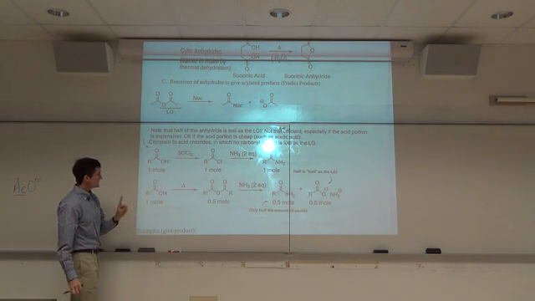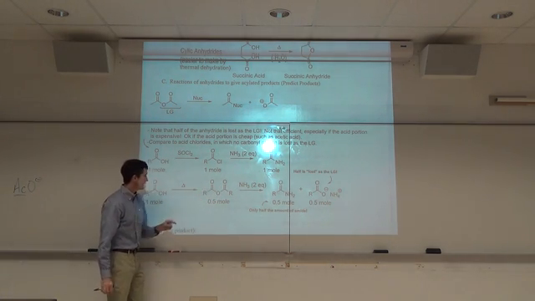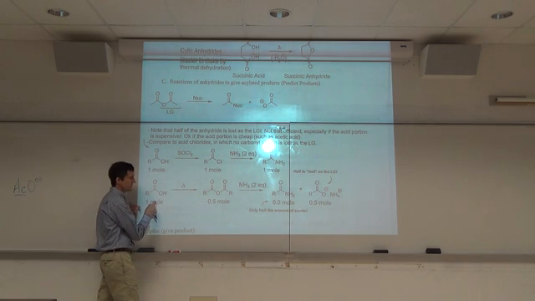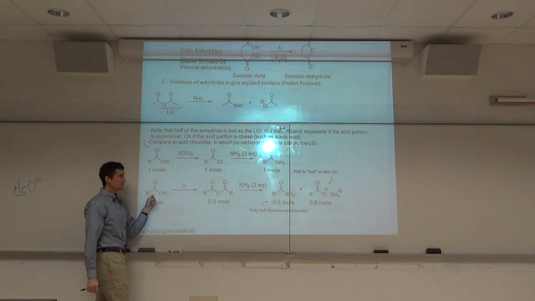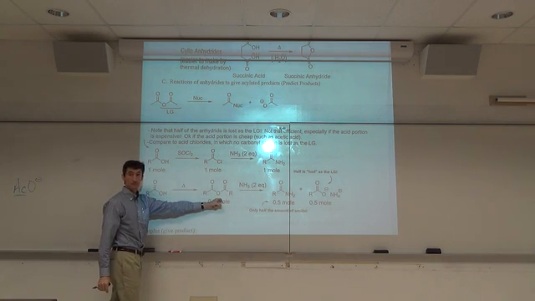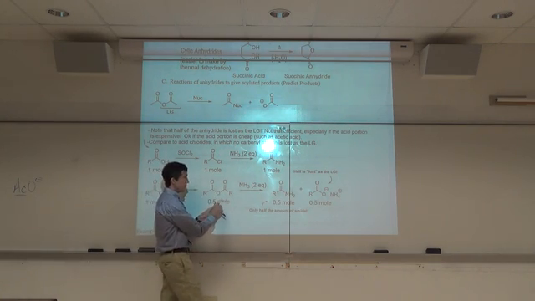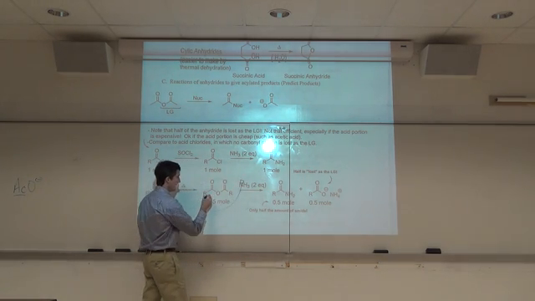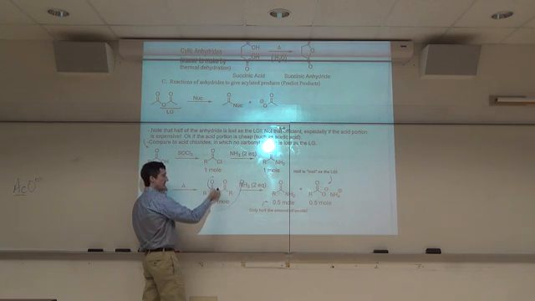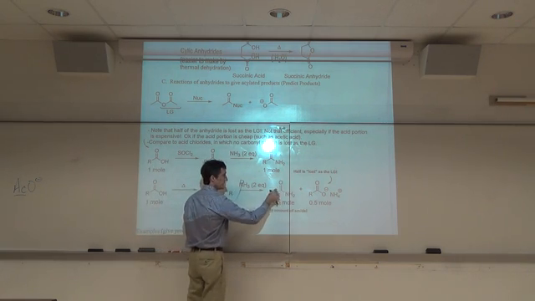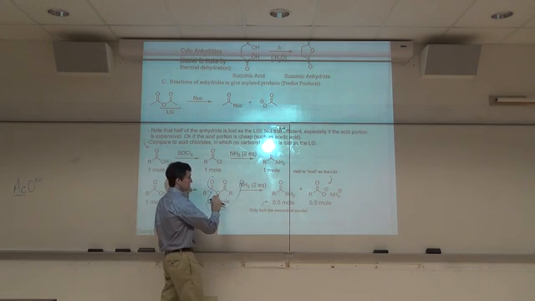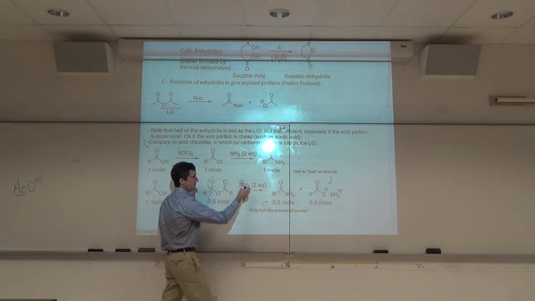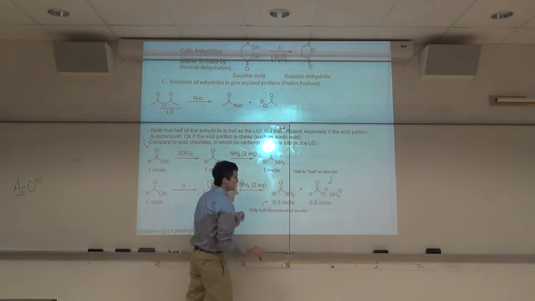But let's look at if we made the anhydride. 1 mole of this would give how many moles of the anhydride? Only a half, because it takes 2 of these to make 1 of these. Now when you react this half a mole with the ammonia, which by the way, this will attack, electrons up, back down, kick that off, you'll have the nitrogen there, and then the other ammonia will take the H, and you'll end up with this.